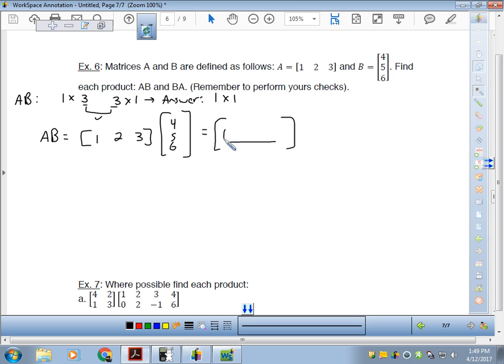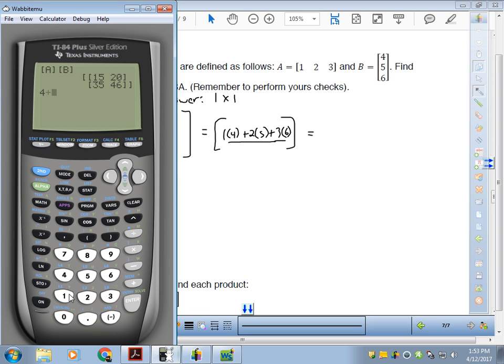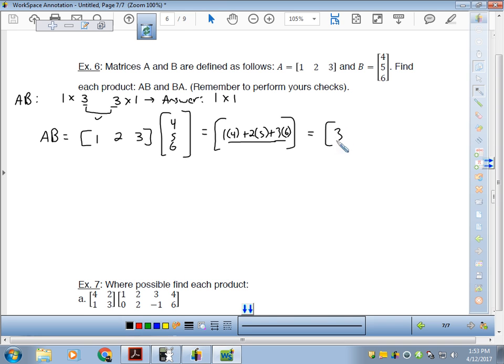So I'm going to end up with 1 times 4 plus 2 times 5 plus 3 times 6. So what is that? 4 plus 10 plus 18, so 32. So there would be my 1 by 1 answer.